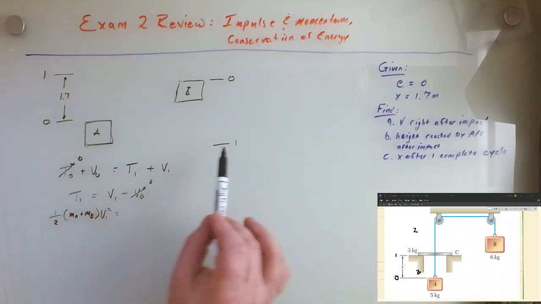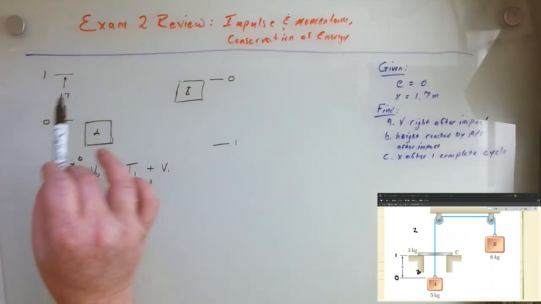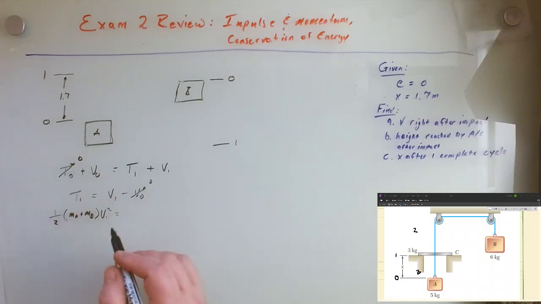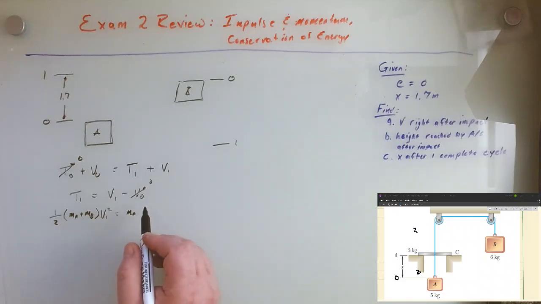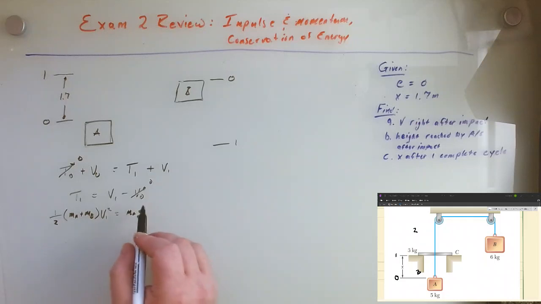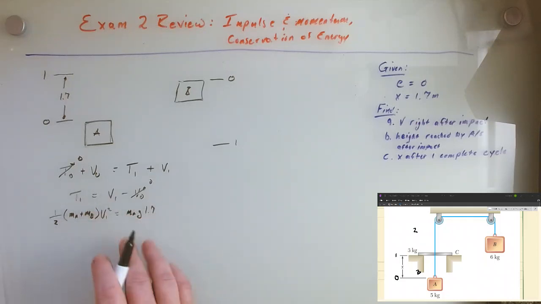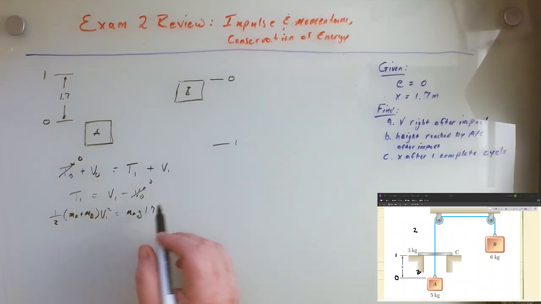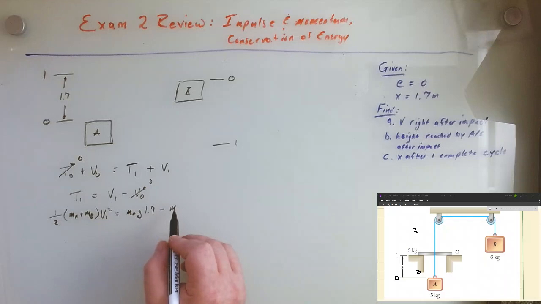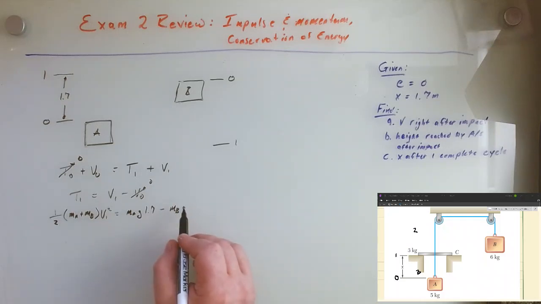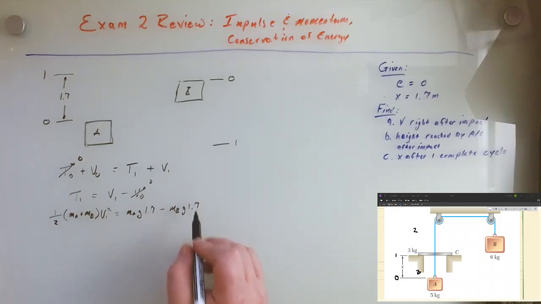So if we think of the lowest point on this, the bottom of the 1.7, if you will, as being 0, then we have mA, and what is it, mgh, so mA g, and then h in this case is 1.7, so this is gained potential energy, and B has the lost potential energy, so that's minus mB g 1.7.